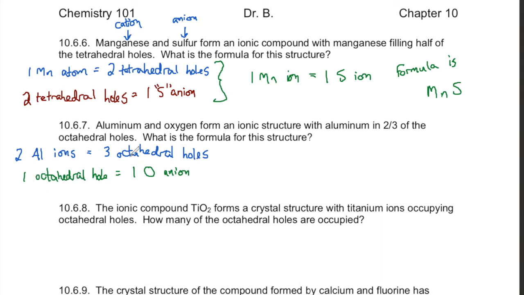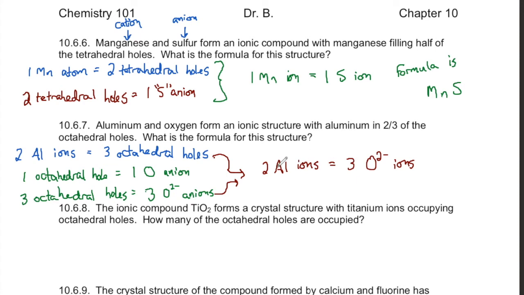So let's multiply this by 3 so that we can match with this relationship. So 3 octahedral holes would correspond to 3 oxide anions. If we combine the first and the third statements, we get the relationship that there are 2 aluminum ions for every 3 oxygen ions. And then the formula would be Al2O3, which is a formula we recognize from before. This is the correct formula for aluminum oxide.